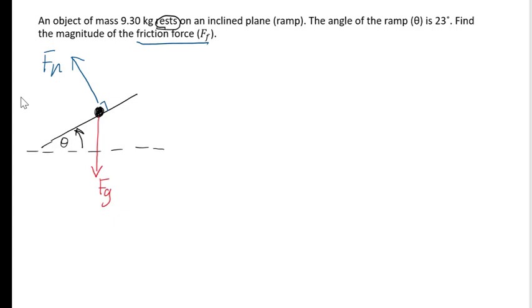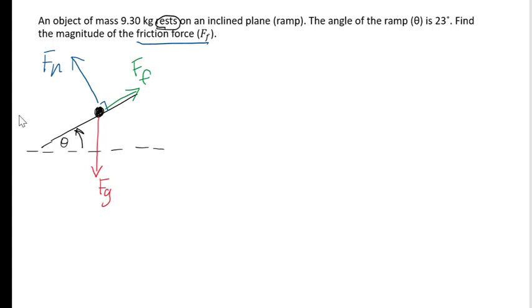If there was no friction here, the object would slide down the ramp. That means friction is opposing the motion or potential motion of this object. So we can draw the friction directed up the ramp, opposite the direction that the object would move if there was no friction.